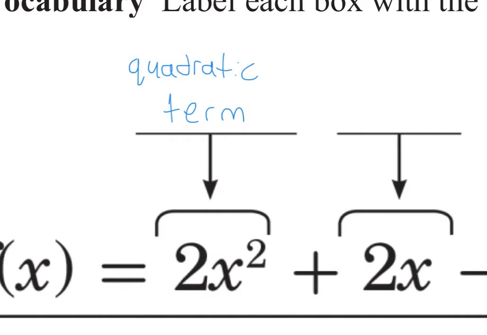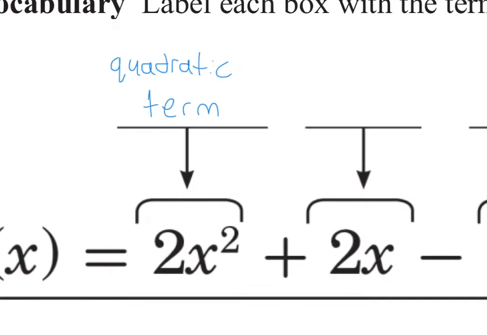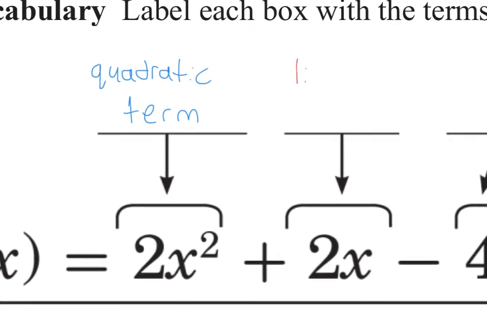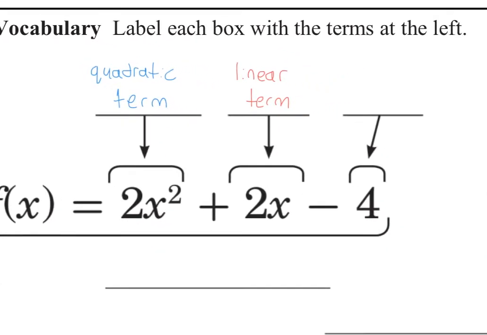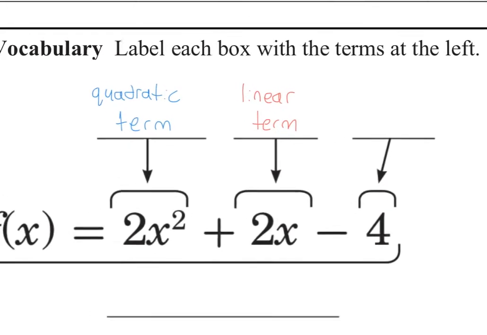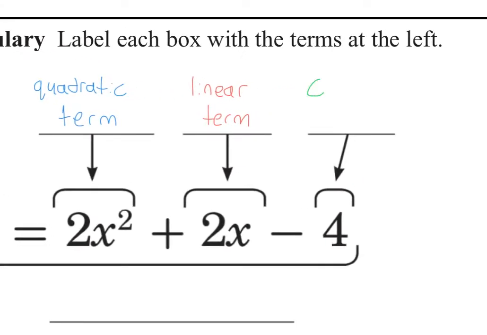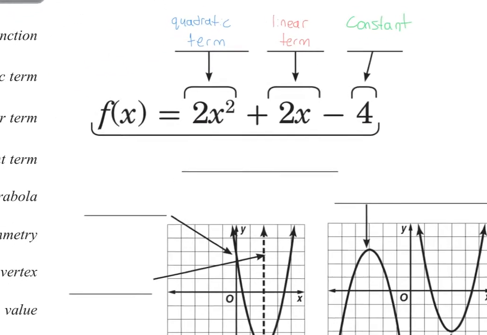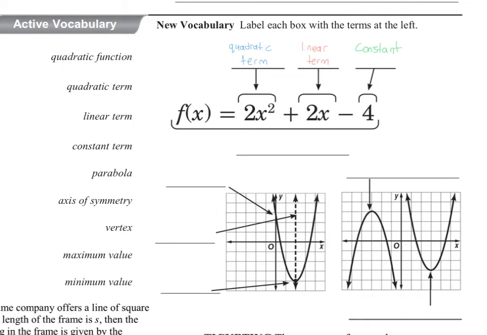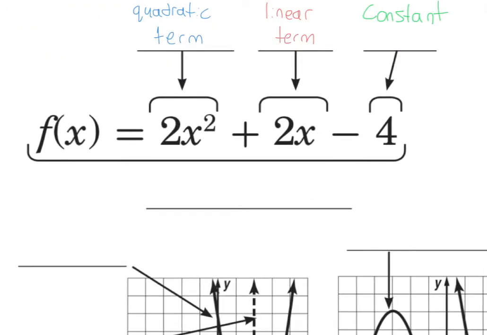So we must have a quadratic term. Now, you can still see other terms as well. You might see some linear terms in there, such as 2x or any coefficient with x. And then you'll also have the potential to see a constant. And that's just a regular old number. Together, these can make a quadratic function.